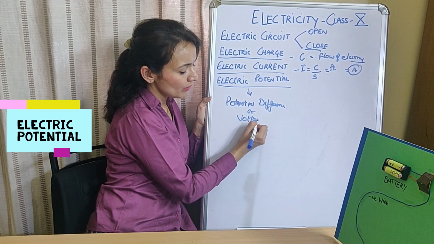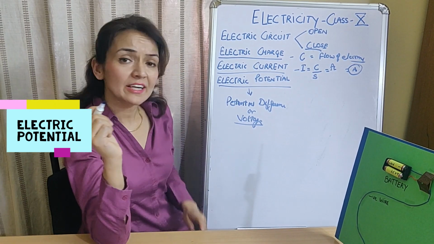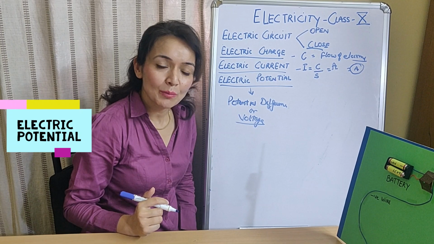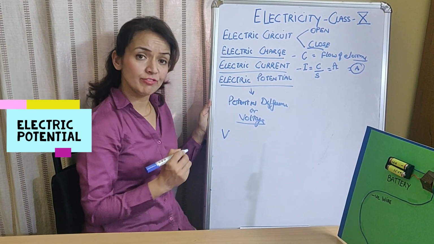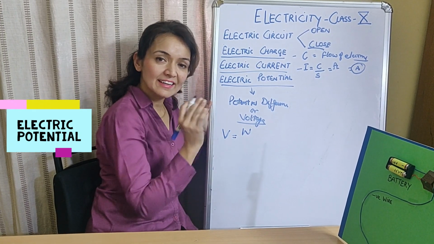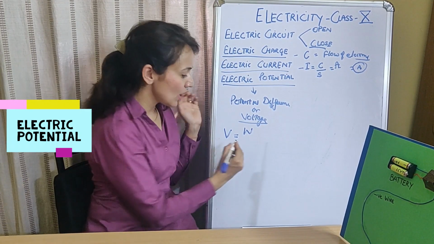This is a very common name which you might have known in your daily life. So electric potential or voltage. Can you define it now? What is electric potential or voltage? Voltage is V. It is equal to work done in carrying a charge from one terminal to another.